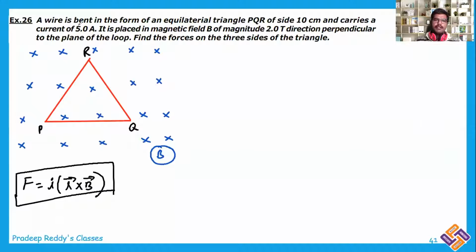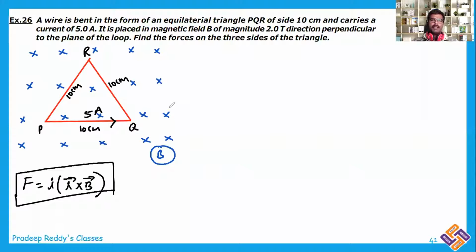A wire is bent in the form of an equilateral triangle PQR. This side is given as 10 centimeter, and it carries a current of 5 ampere. There is some current flowing in PQR, and this current is 5 ampere.